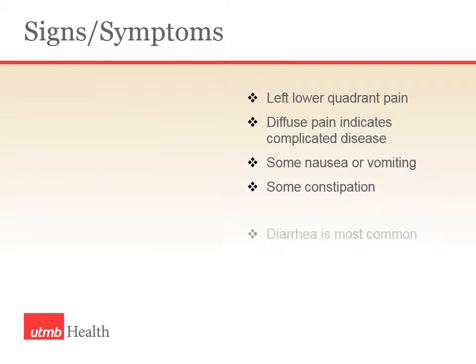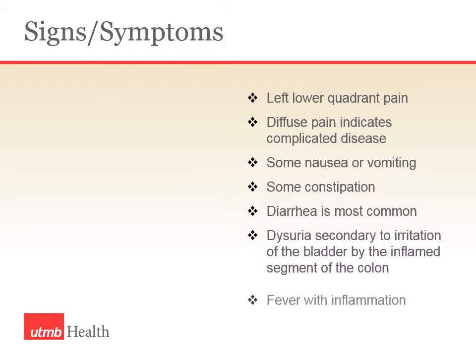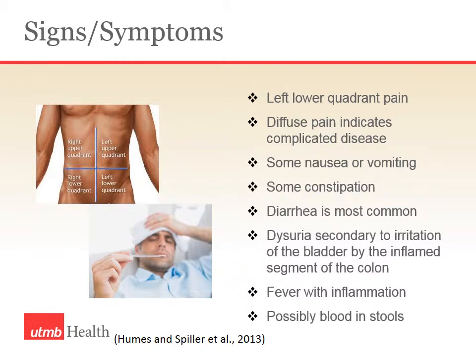So signs and symptoms of diverticular disease or diverticulitis, it's associated with left lower quadrant pain. So that area where the sigmoid colon is usually where these people in America or Western countries feel that pain. And if it's diffuse, really spread out pain, it indicates a more complicated disease because infection could spread.